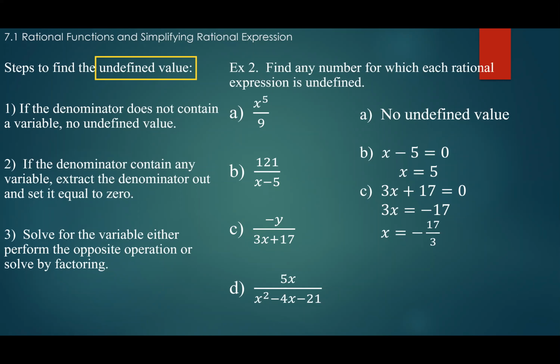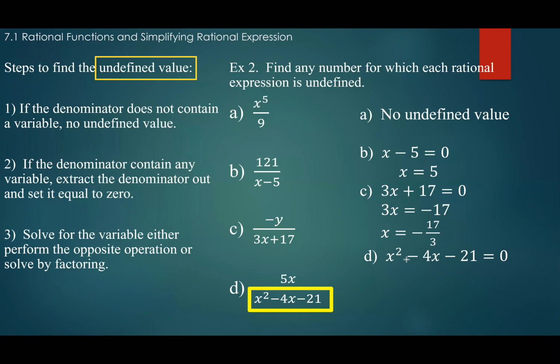So looking at this, do you agree that this is my denominator? So I just take this denominator and set it equal to 0. How do you solve for x here? What is the difference between this problem and the previous three problems?